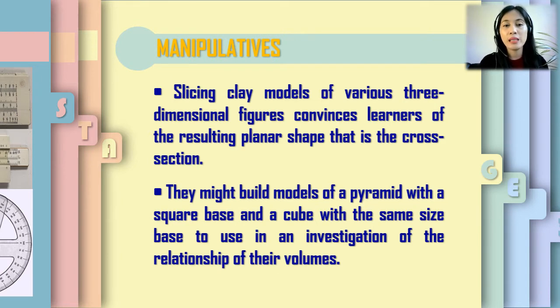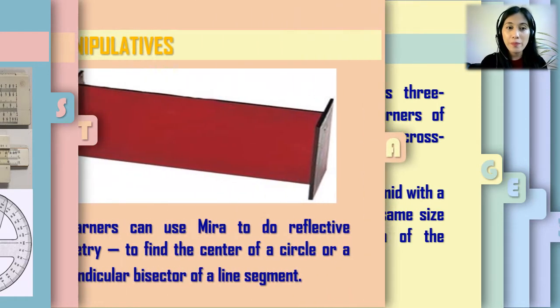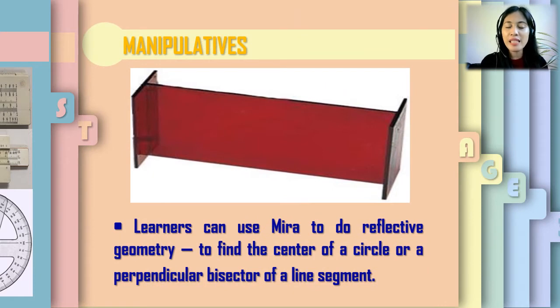They might build models of a pyramid with a square base and a cube with the same size base to use in an investigation of the relationship of their volumes. Learners can also use Mira to do reflective geometry to find the center of a circle or a perpendicular bisector of a line segment.